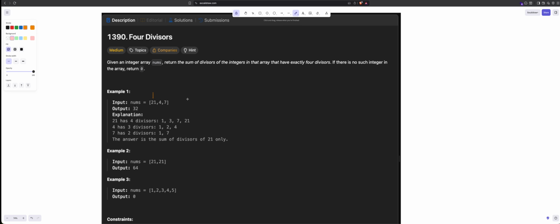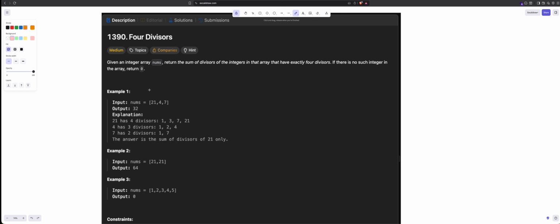Could it have 4 divisors? Sure, 1 and the number itself are basic divisors. The other 2 divisors are 3 and 7. 3 multiplied by 7 is 21, and 7 multiplied by 3 is 21, so 3 and 7 are also divisors of 21.